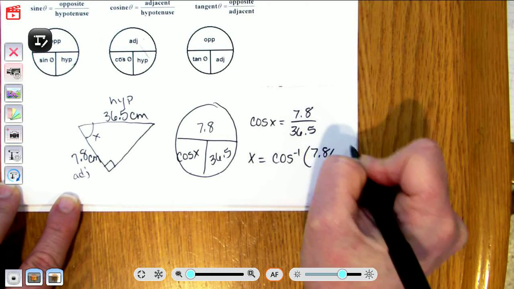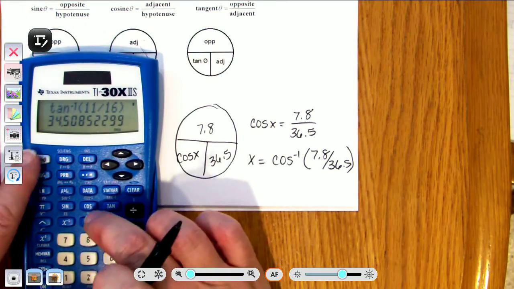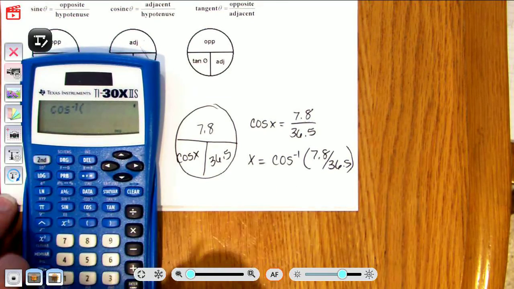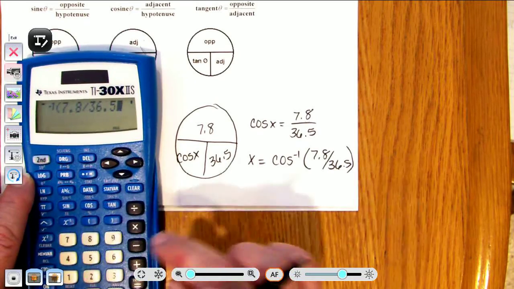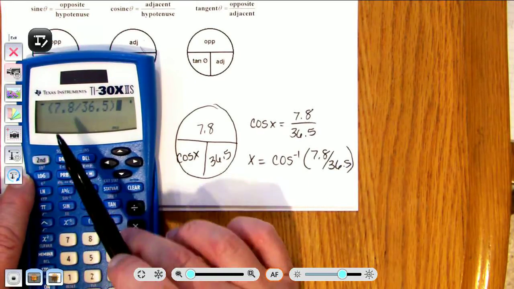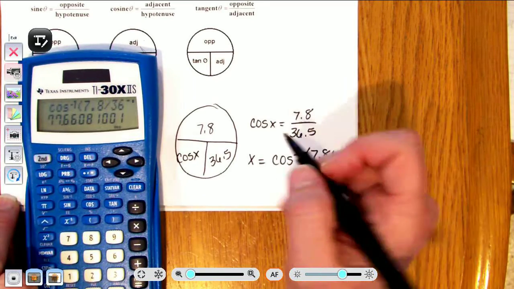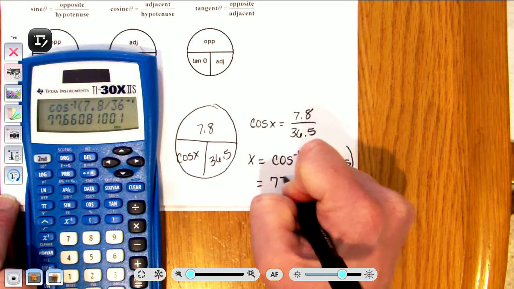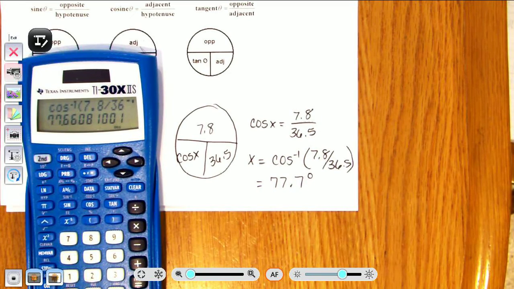So we can find our angle. And then typing it into the calculator, inverse cosine 7.8 divided by 36.5. Make sure my fat fingers didn't kick in and hit equal. And I get 77.7 degrees because these are angles.